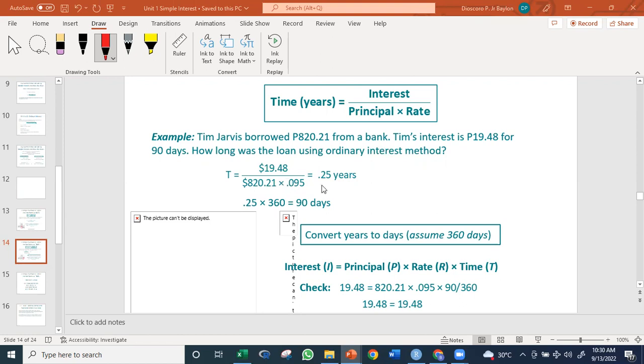And same thing, I won't do this anymore in Excel. So this is your interest divided by principal times the rate, and it gives us 0.25. Now take note, the time will be in years.